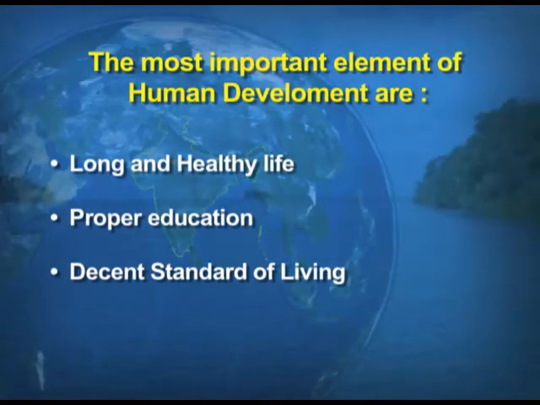The most important elements of human development are: number one, a long and healthy life, proper education, and a decent standard of living of the people. So, here we say that these are the elements of development.